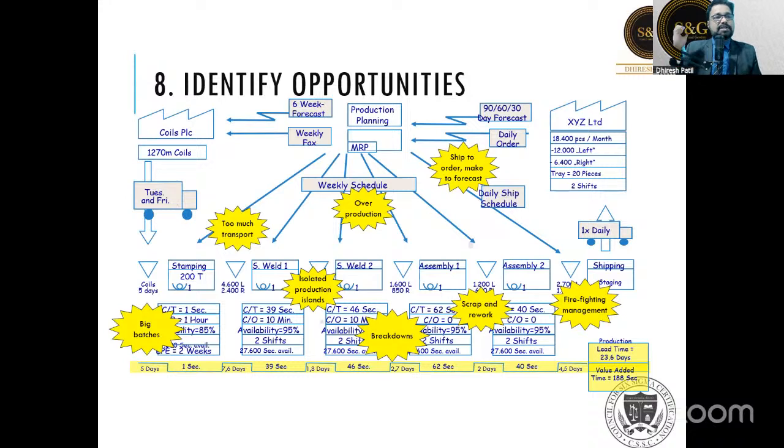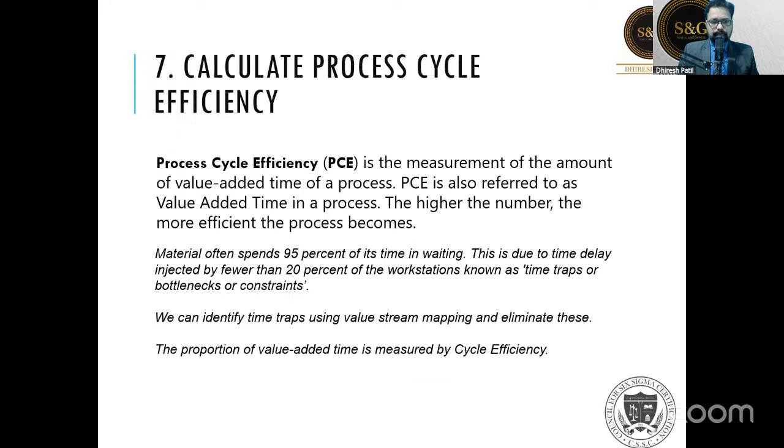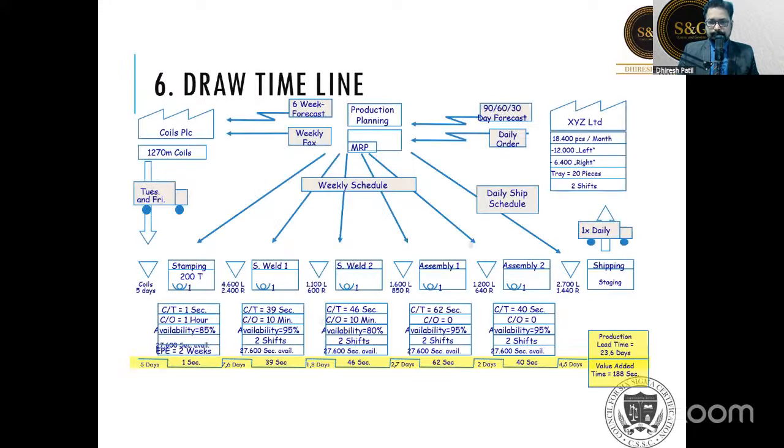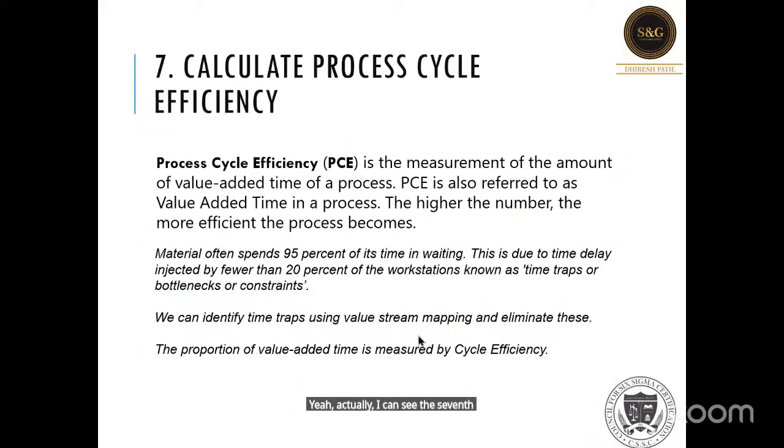Process cycle efficiency indexing incorrect. What is incorrect? मैं समझा नहीं. Yeah, Pramod ji, can you unmute yourself? Yeah, actually, I can see the seventh pointer after the third one directly.